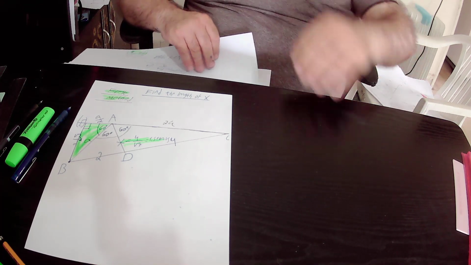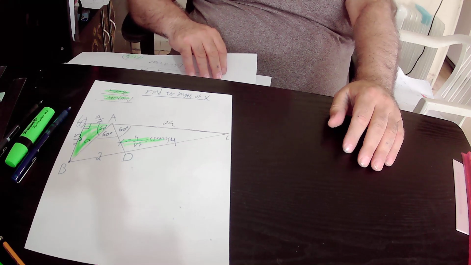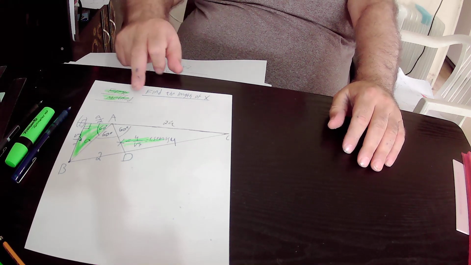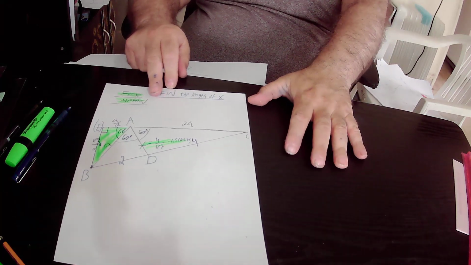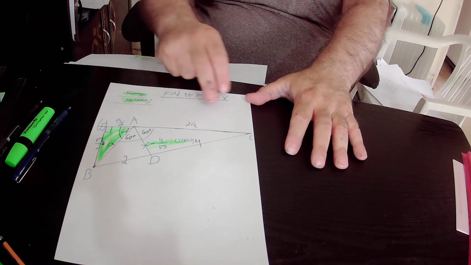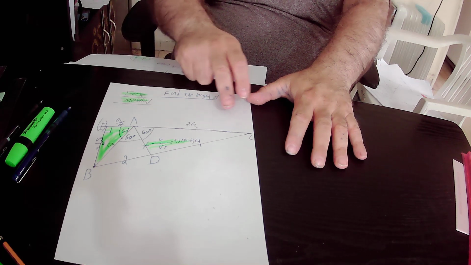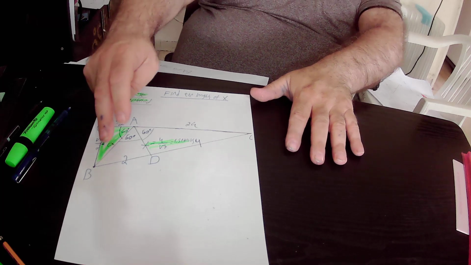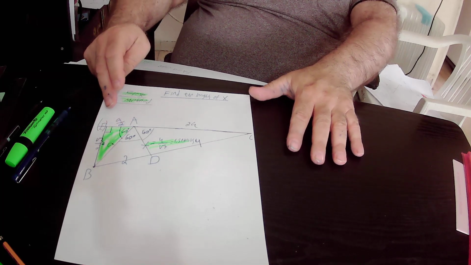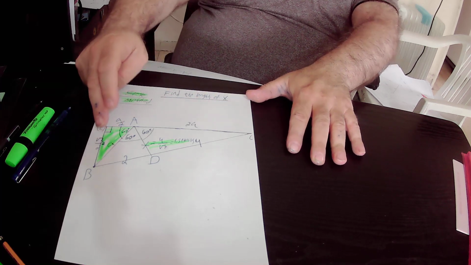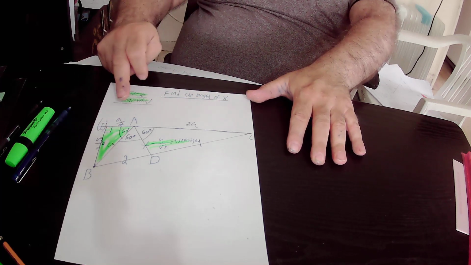So here actually we made a construction. We extended line segment CA by a straight line, and from point B we drew a perpendicular to the extended line segment CA.